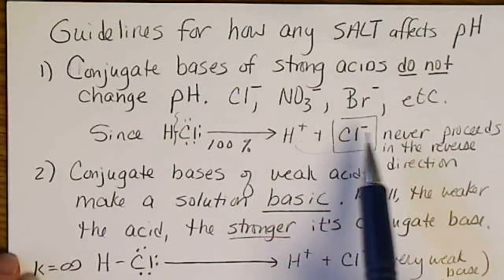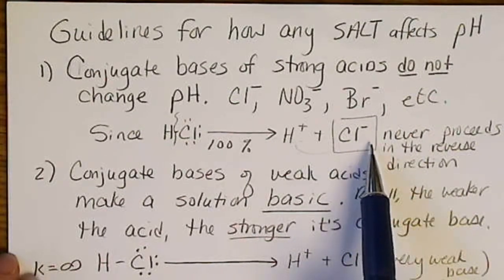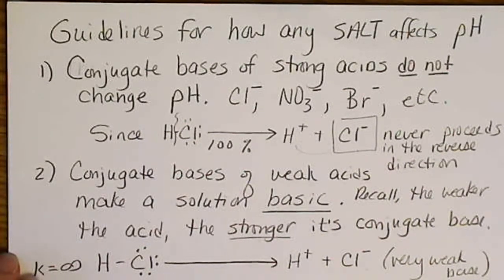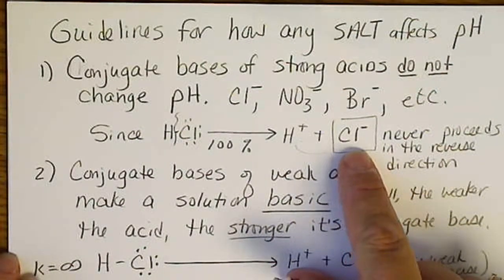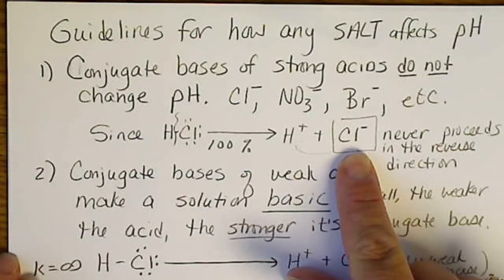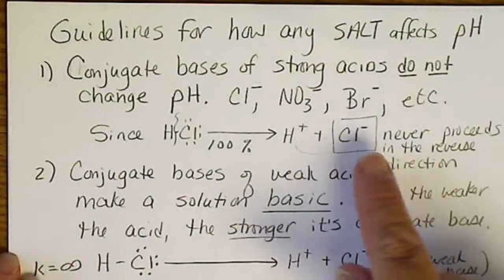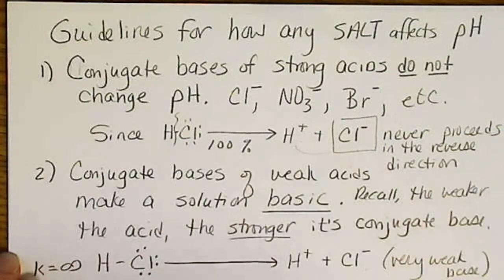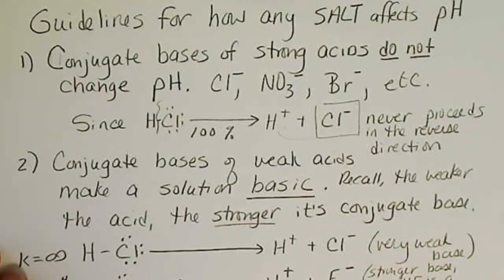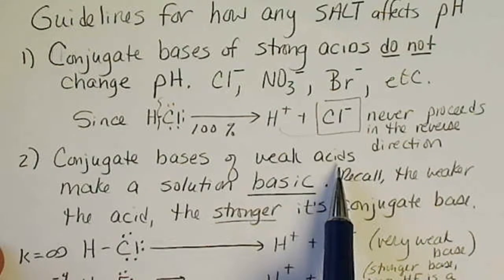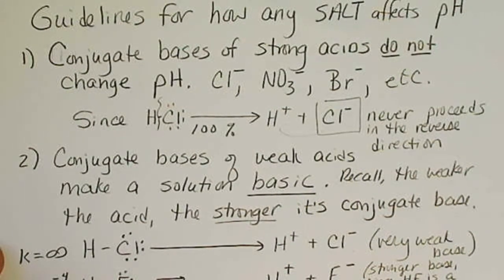So when we're looking, for example, at sodium chloride, which we'll do in a few minutes, if we analyze just the chloride, we have to ask ourselves, is this the base of a strong acid or a weak acid? And since it's the conjugate base of a strong acid, we know that this reaction will never proceed in the reverse direction.